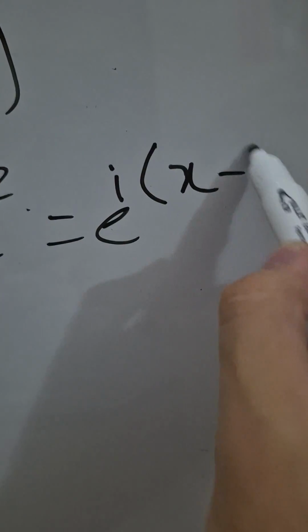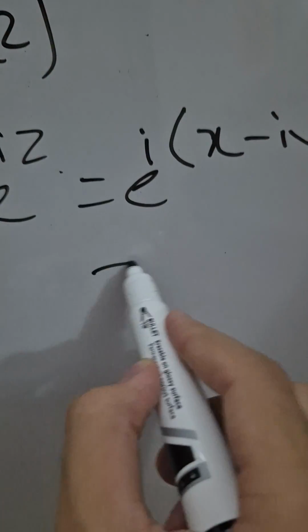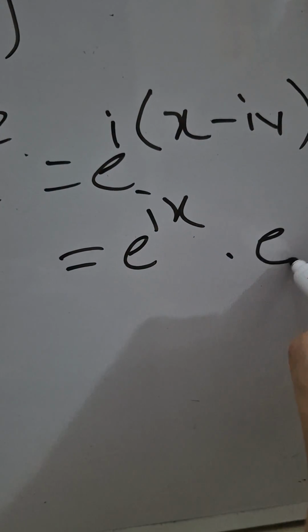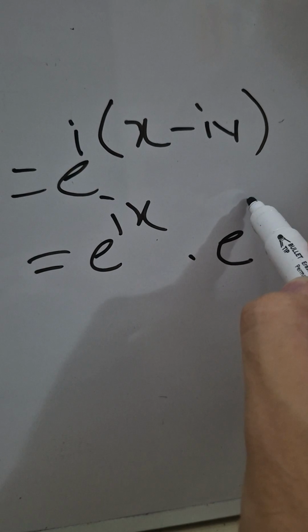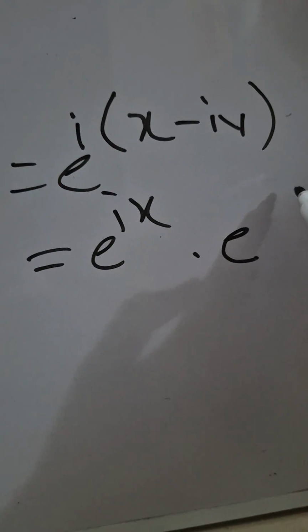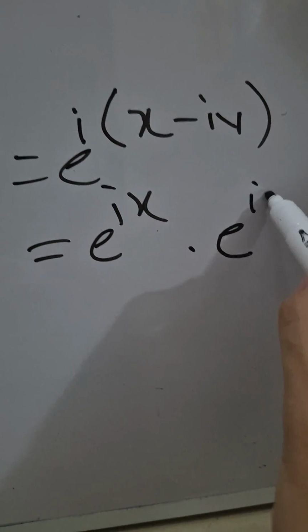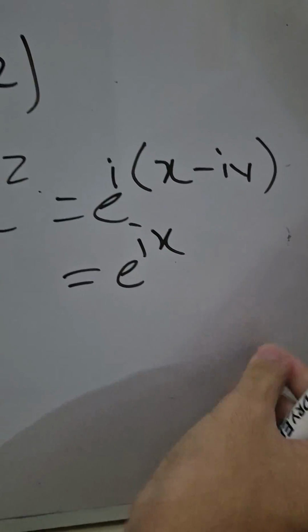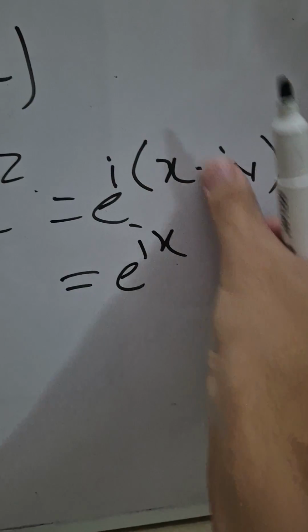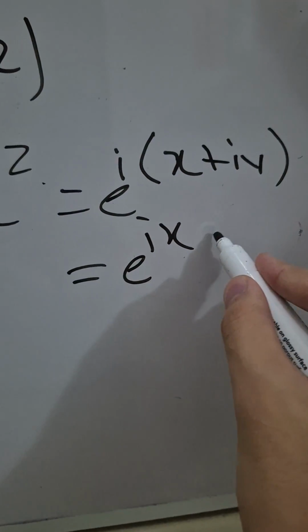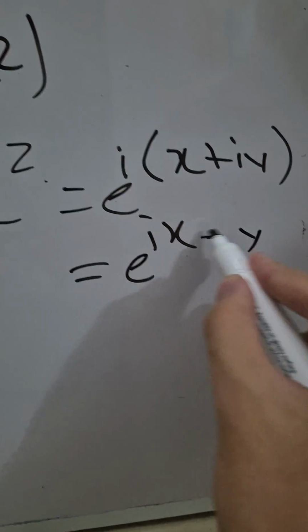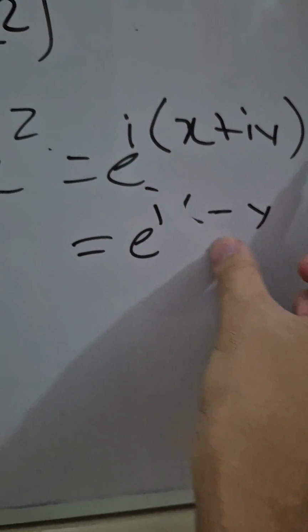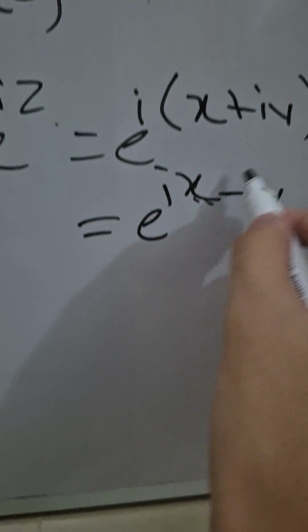We can take it as x plus iy, so e to the i times (x plus iy), which is e to the ix times e to the minus y. Does it make sense? So we have e to the ix, and e to the minus y.